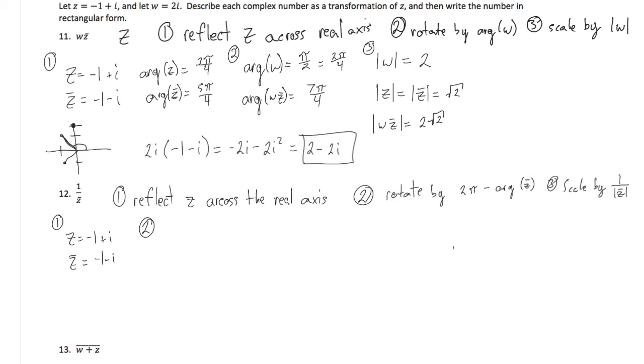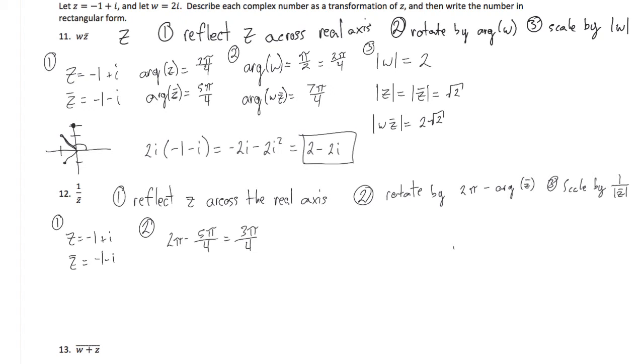I'm going to borrow what we've already calculated up here, the argument of z bar being 5 pi over 4. So I have 2 pi minus 5 pi over 4, giving me 3 pi over 4.